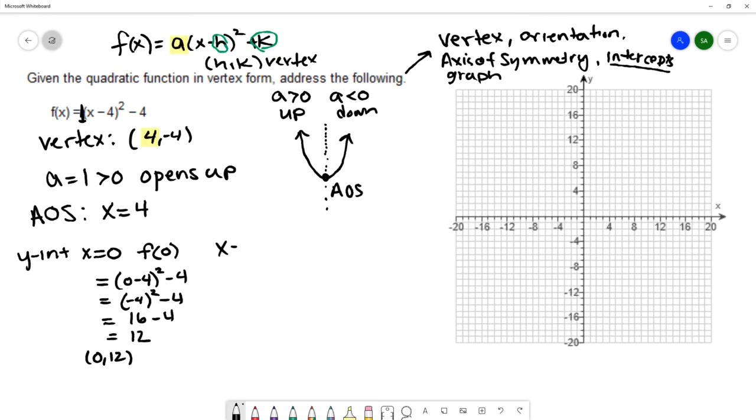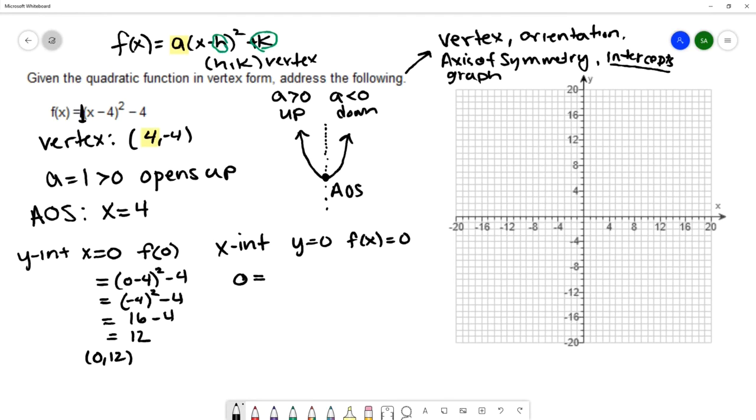And I'm going to find the x-intercept. An x-intercept can be found by letting y equal 0. Our equation is in function notation, so rather than having a y in the equation, we have f of x. So we're going to set f of x equals 0.